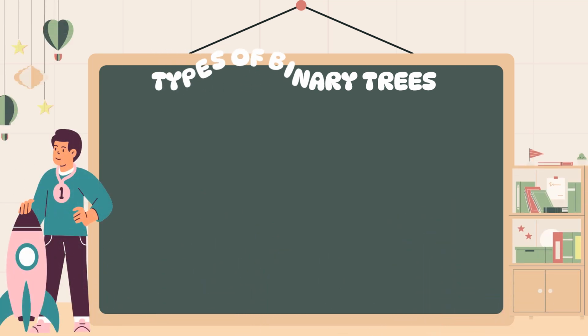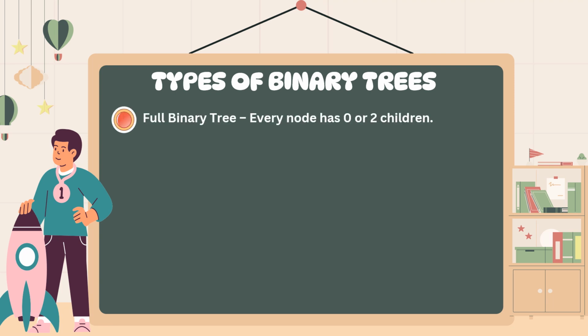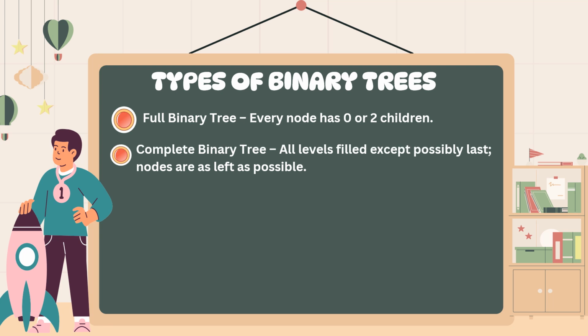There are several types of binary trees. Full binary tree: every node has either 0 or 2 children. No node has just one child. Complete binary tree: all levels are completely filled except possibly the last, which is filled from left to right.